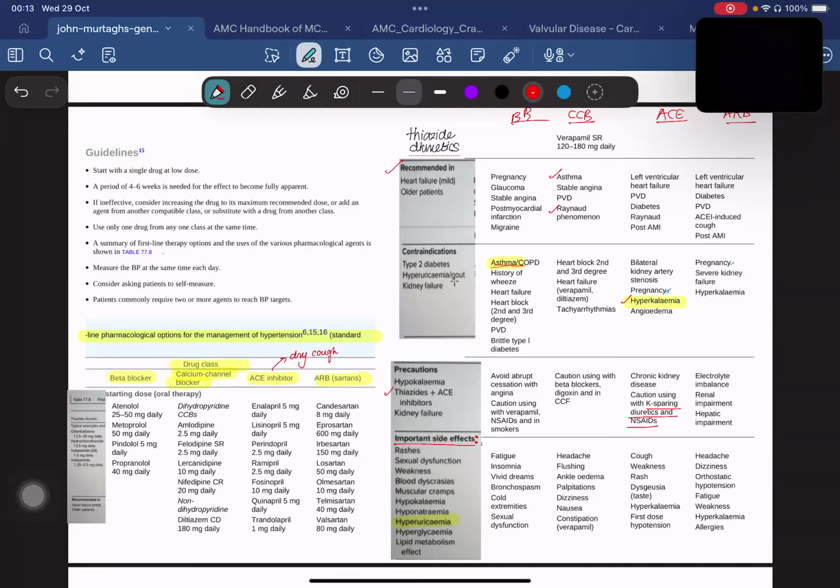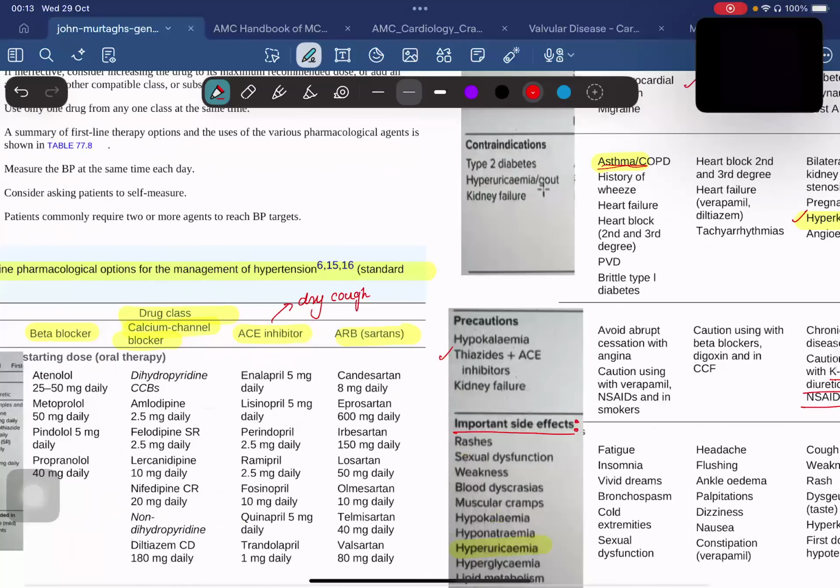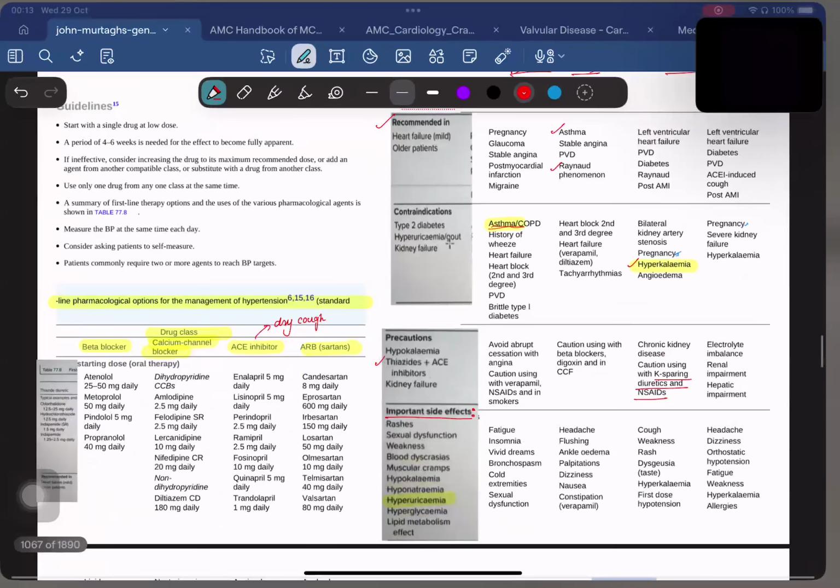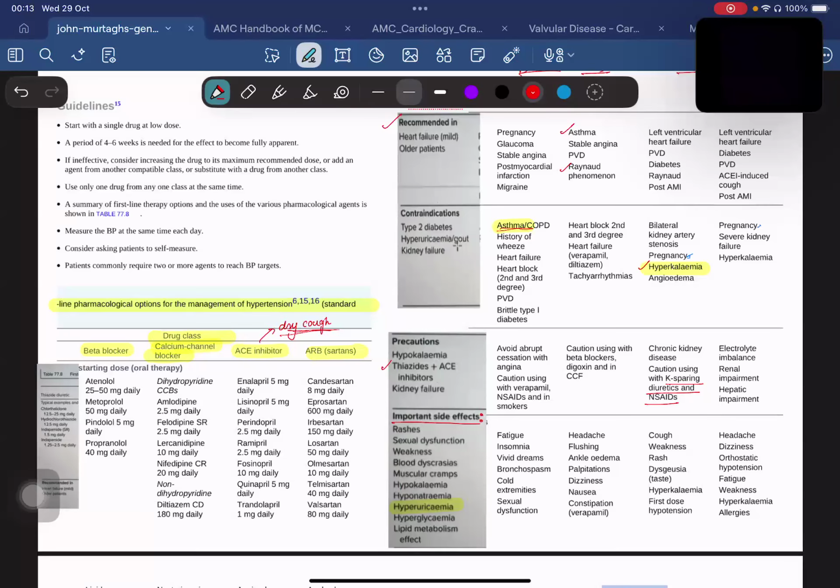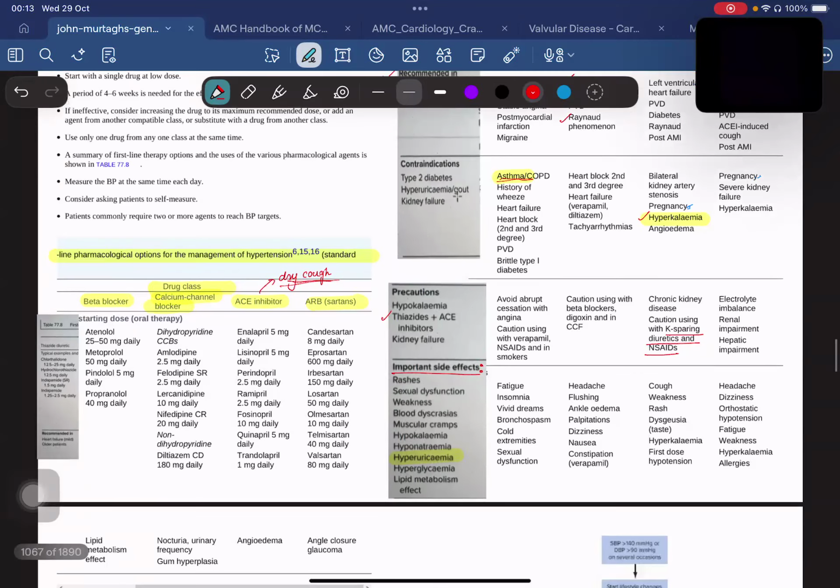So be very vigilant when it comes to contraindications like this. And then ACE inhibitors: if the patient has a dry cough, you would just avoid it.